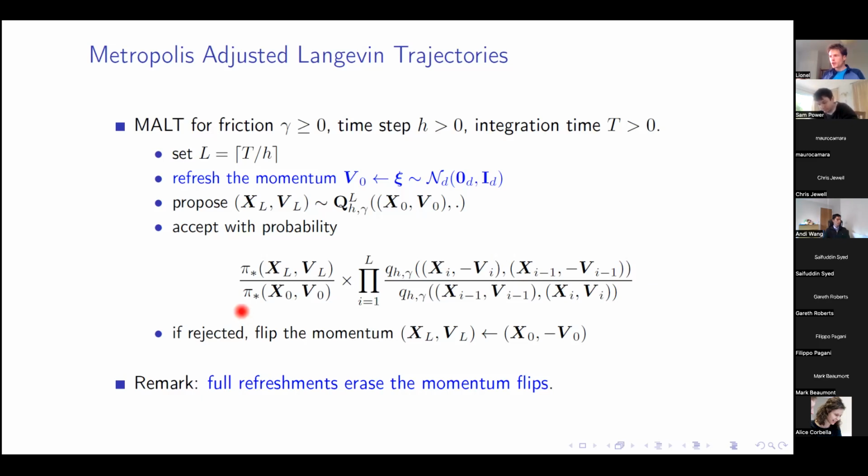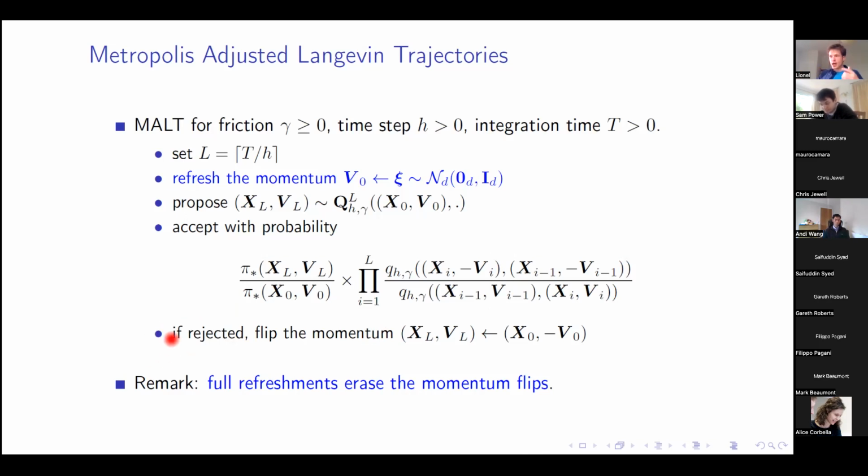And when composed with this flip of the momentum upon rejection, it forms this kernel here that leaves the stationary distribution invariant.